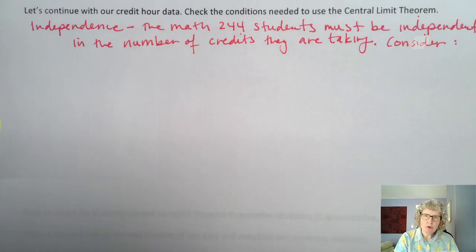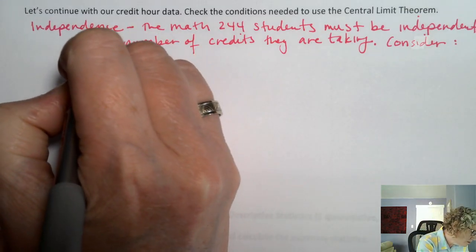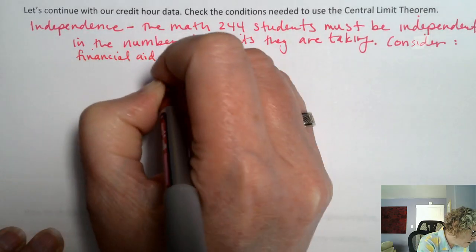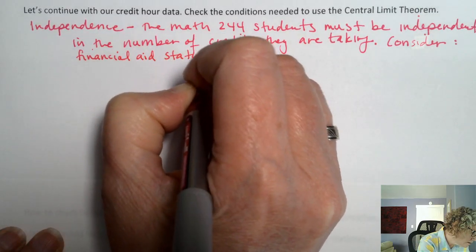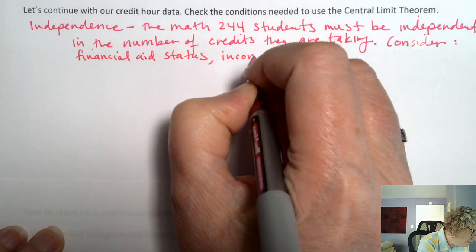Maybe how much someone's working, maybe if financial aid has certain requirements of number of credits you have to take to get certain levels of financial aid. Just think of all the different things that might affect the number of credits students are taking. So I'll put a couple: financial aid status, which also might have to do with income.